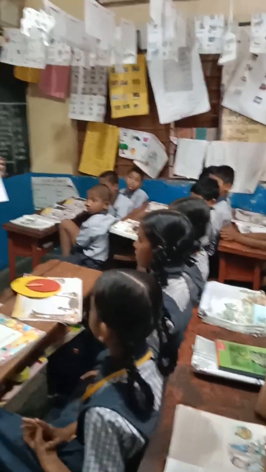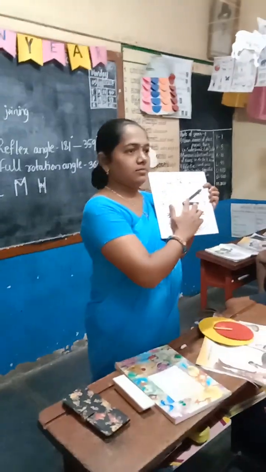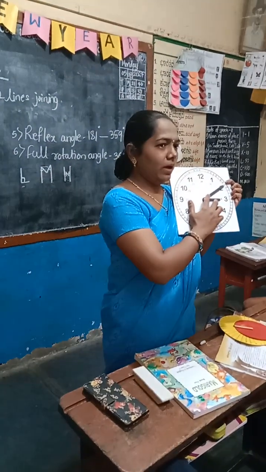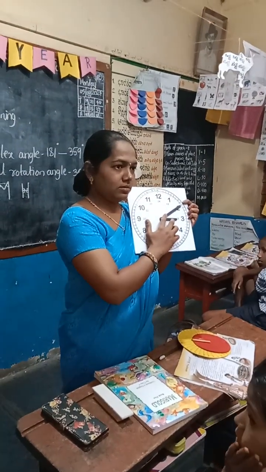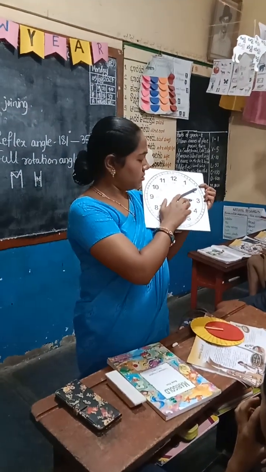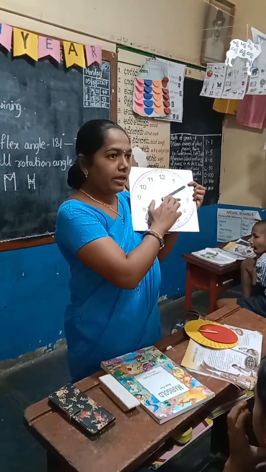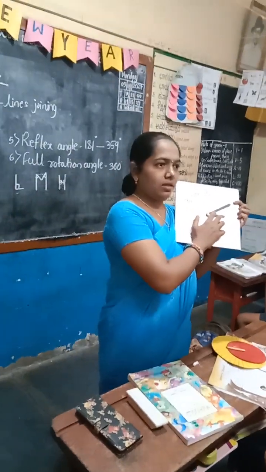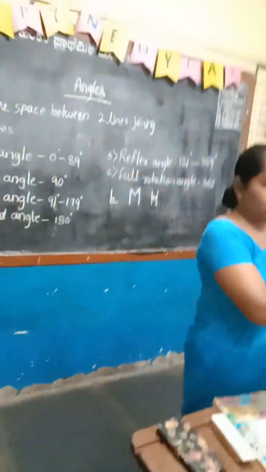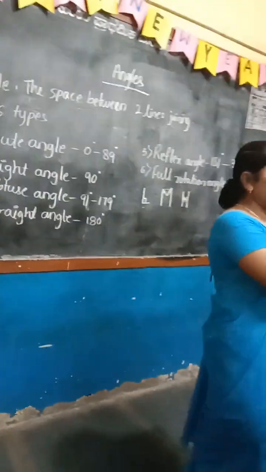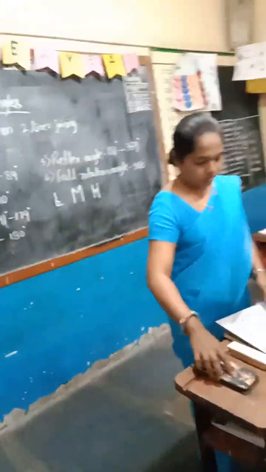So which type of angle is there? Acute angle. Why is it known as an acute angle? In between two lines, does it measure up to 90 degrees or 180 degrees? No. It is less than 90 degrees. For that purpose, it is known as an acute angle.